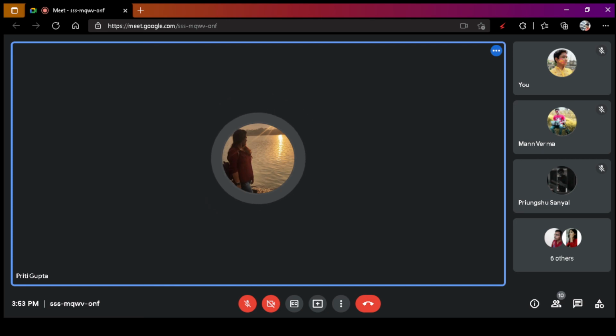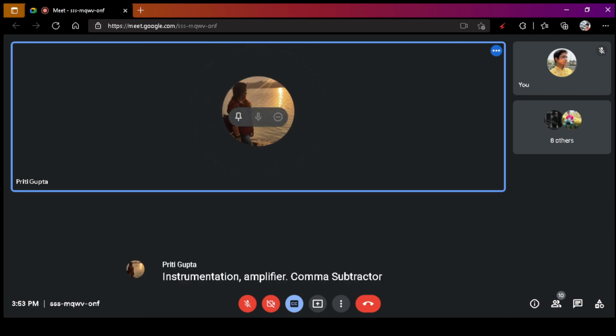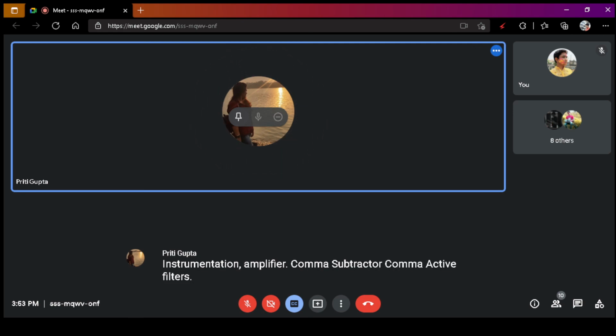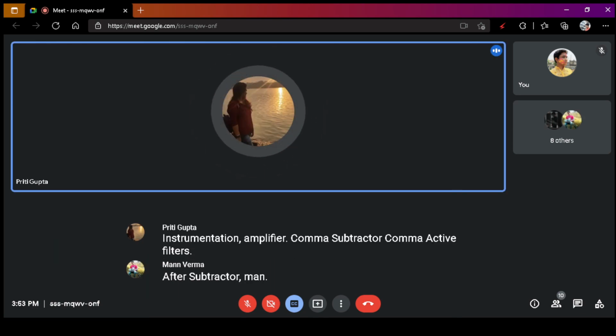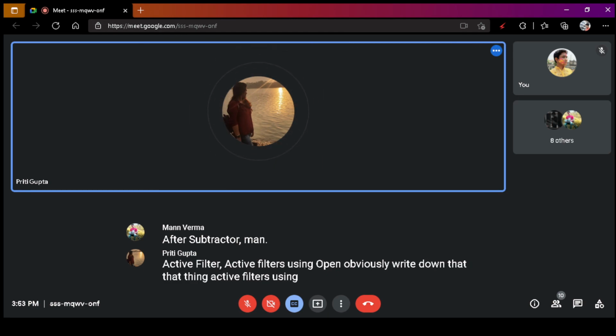Instrumentation amplifier, comma, subtractor, comma, active filter. Active filters using op-amp.